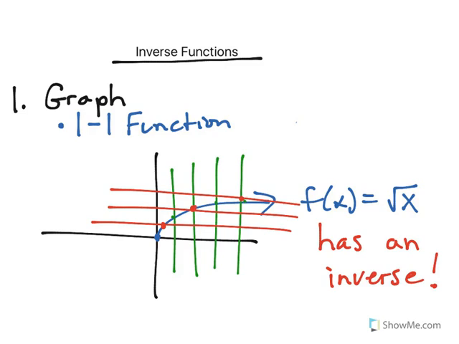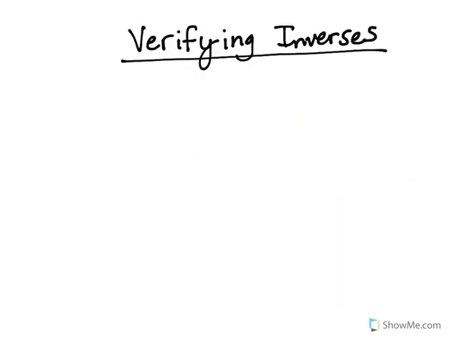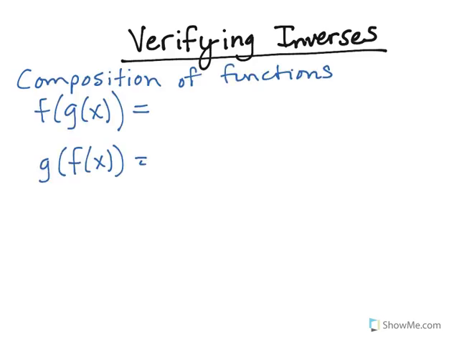Okay, now we're going to compare inverses. To verify inverses, you have to use composition of functions. So you're going to do the composition of functions for both f of g of x and g of f of x.